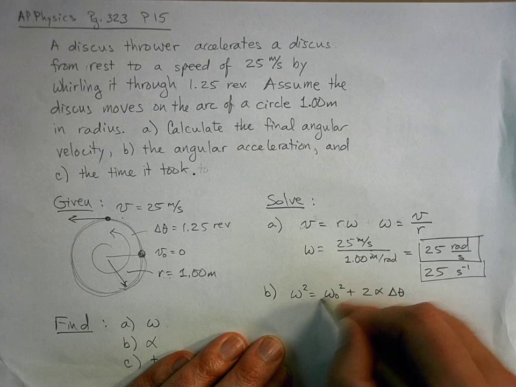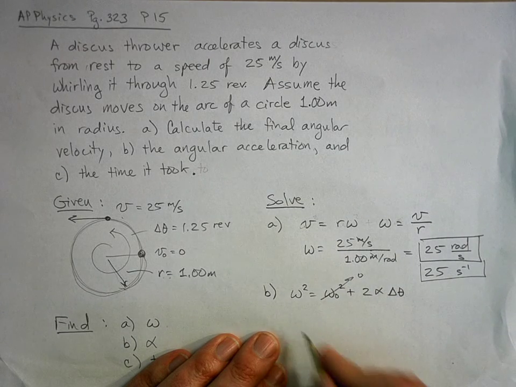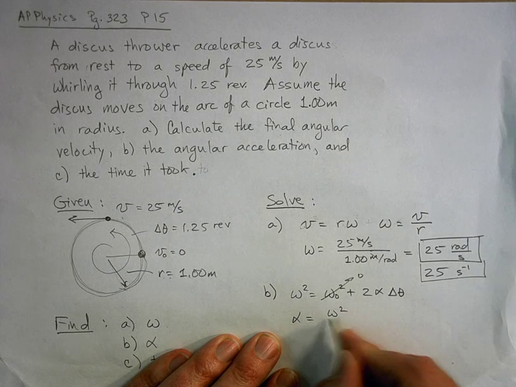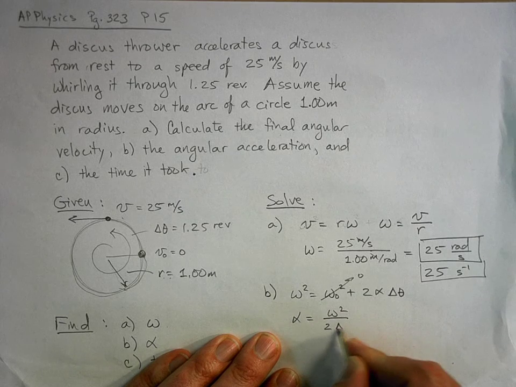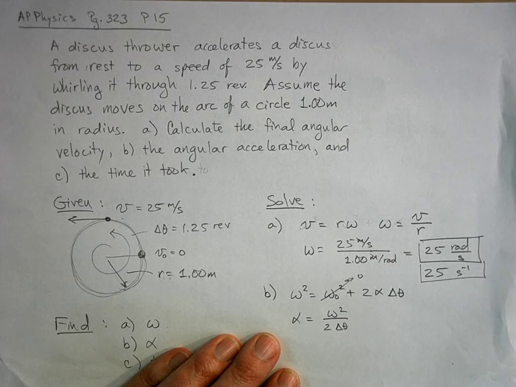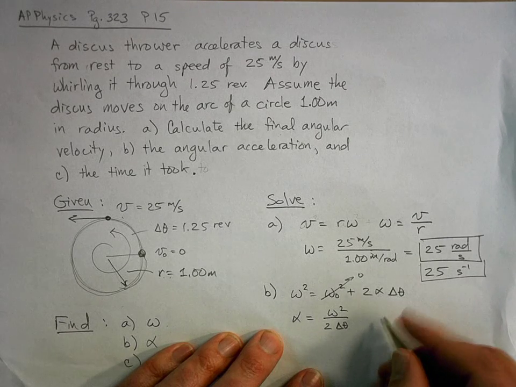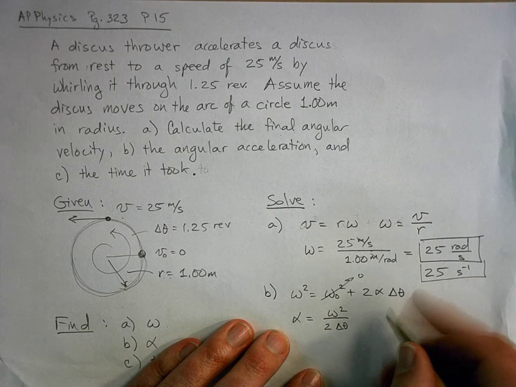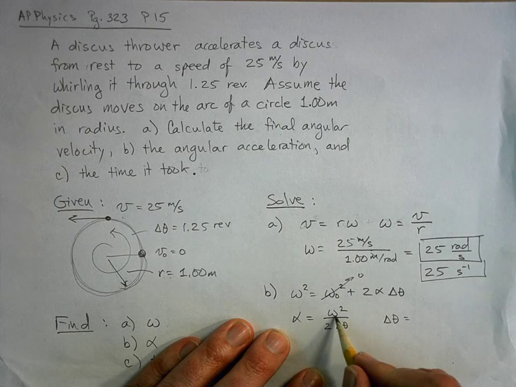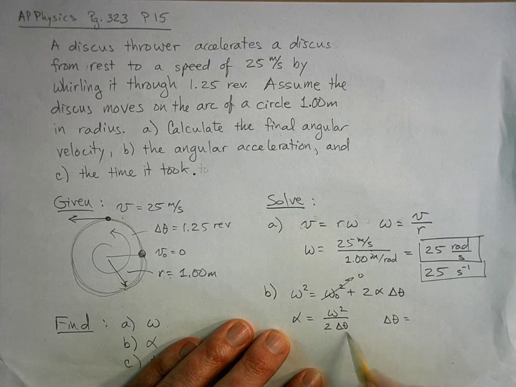Omega naught is 0, so I can solve for the angular acceleration. We need delta theta.